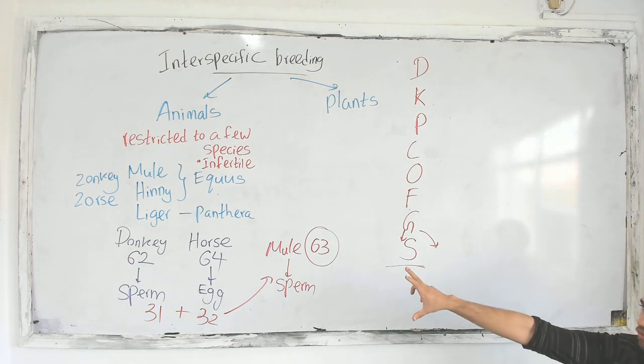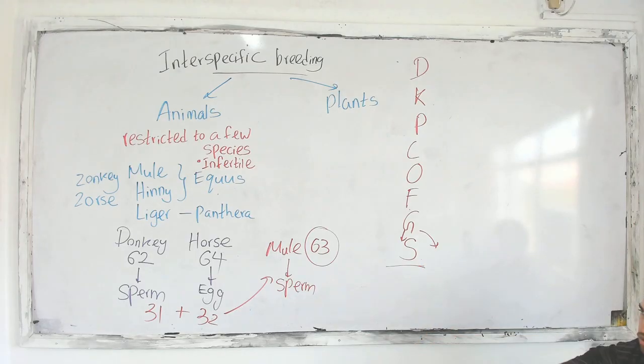Then write down the problem with donkey and horse. Donkey has 62, horse has 64. So a mule only has 63 chromosomes. You cannot give 31 and a half. There are no such sperms, so it's going to be non-functional abnormal sperms.